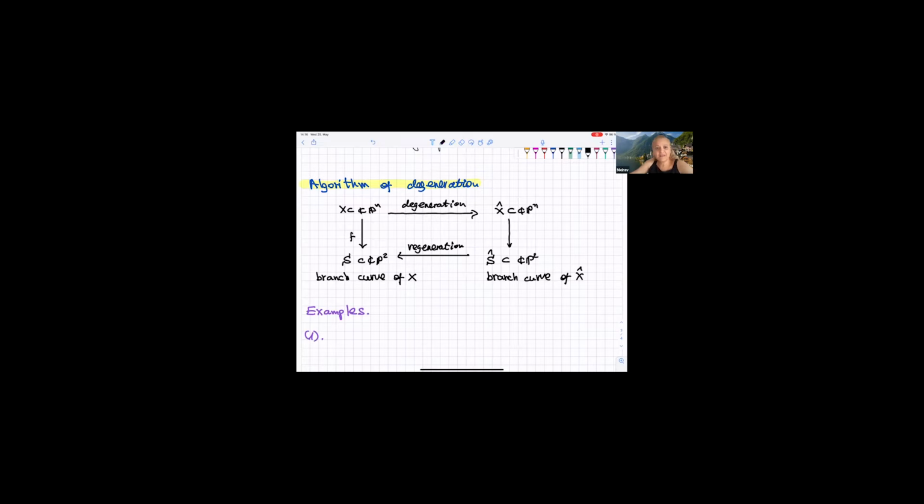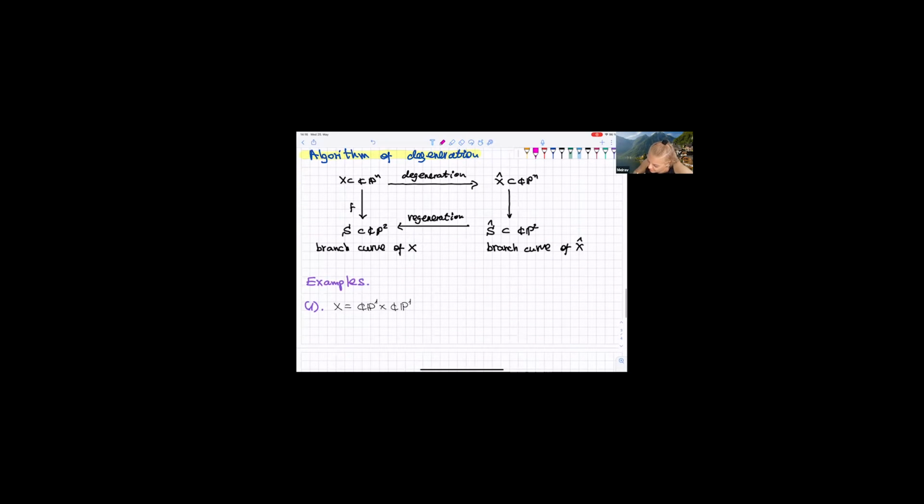So the first example of this can be the surface CP1 times CP1. It means that I take the first CP1, this is a projective line, and I take the second CP1, and I close this square, and I take the diagonal. Of course, there are proofs for everything, but I am short on time.